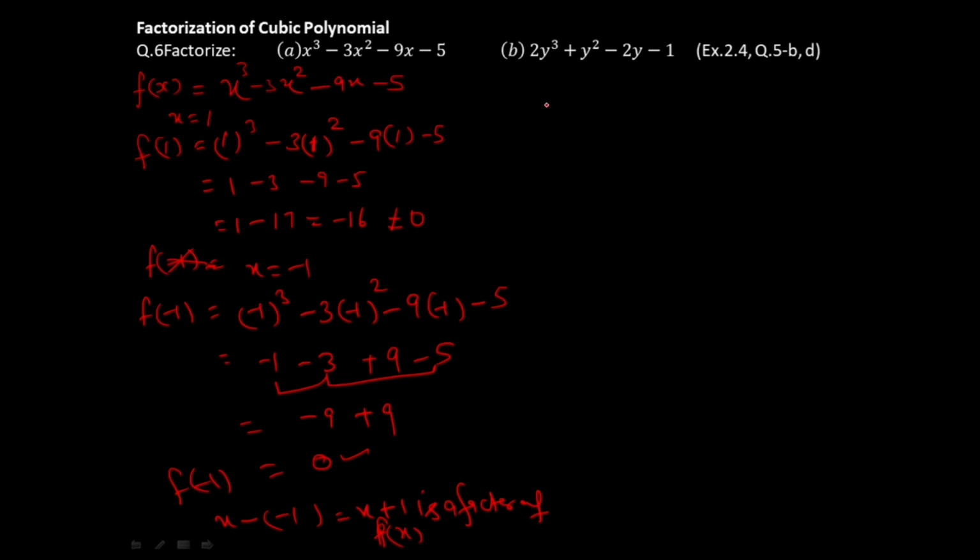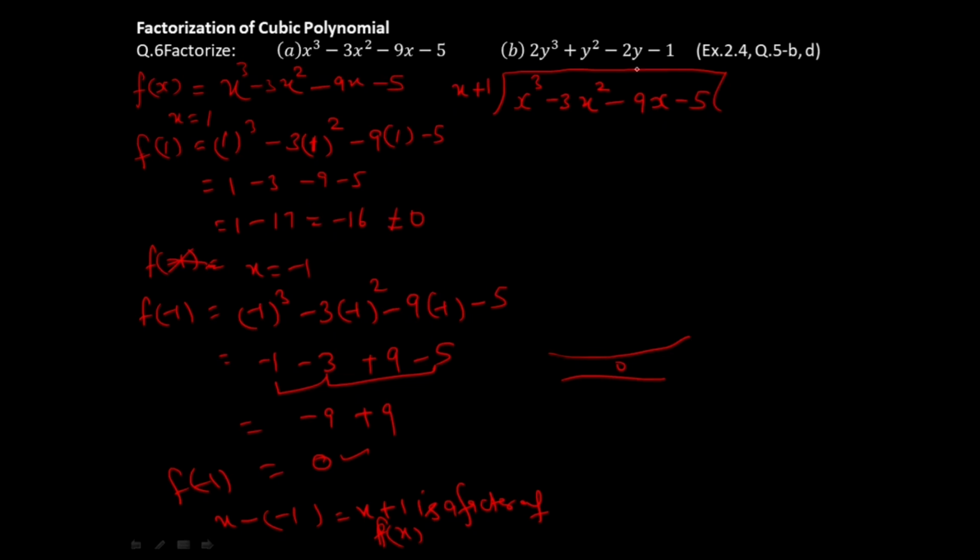So what is f of x? This is x cube minus 3x square minus 9 times x minus 5. Divide this by its factor, and what is the factor? X plus 1. The remainder will for sure be 0.